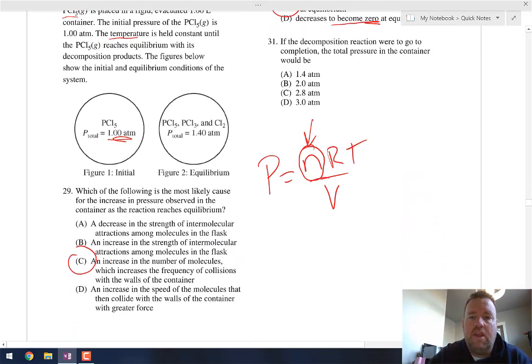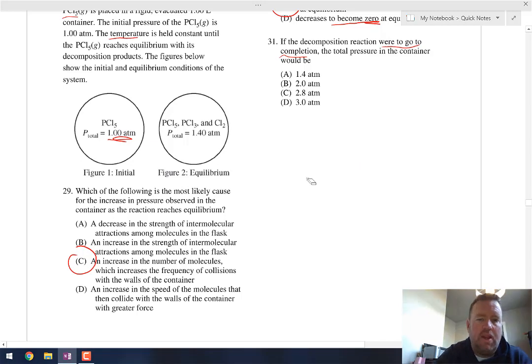Okay, if the decomposition were to go to completion, which means it's not equilibrium, it says the total pressure in the container would be equal to what? Okay, well now instead of one gas particle, now you would have two gas particles. So in terms of overall what would happen in that container, again, the temperature isn't going to change.